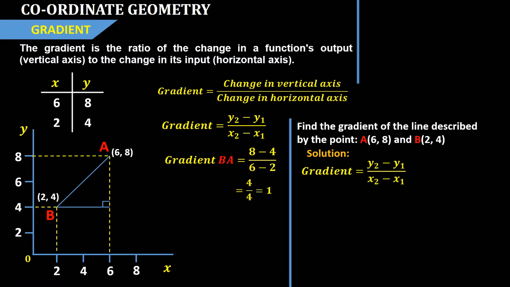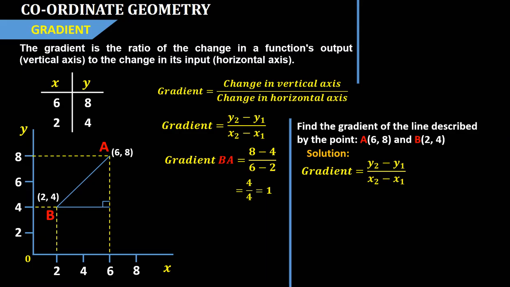But first, I had to draw a graph for me to be able to identify my y2, y1, x2, and x1. But what if you don't have to draw a graph? How do you identify your y2, y1, x2, x1? It's very easy and very simple. Just follow me and you'll get it quite simply.